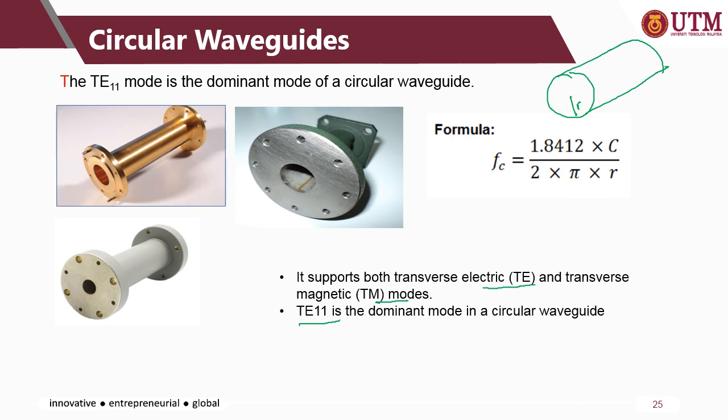To calculate the cutoff frequency of a circular waveguide, we can use this equation: Fc equals 1.8412 multiplied by the speed of light, divided by 2 pi r, where R is the radius of the circular waveguide structure. So we can see that the cutoff frequency of the circular waveguide is inversely proportional to its radius.